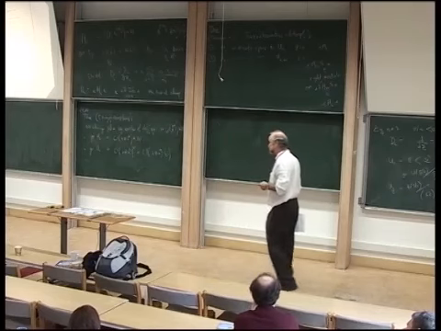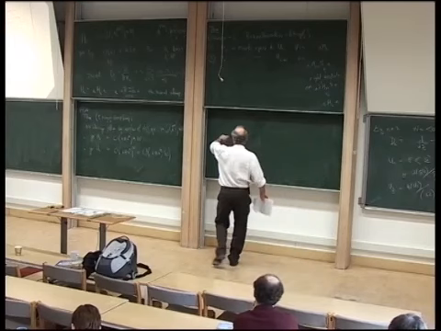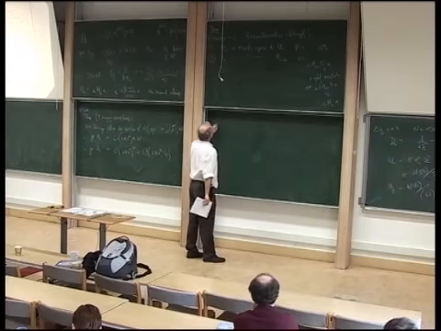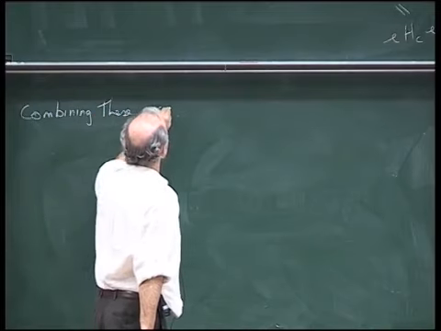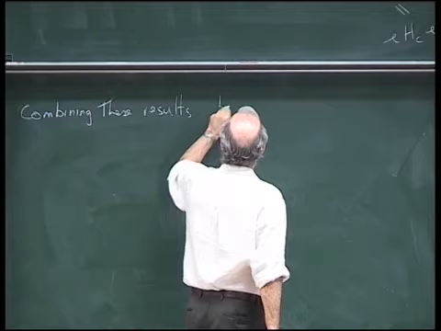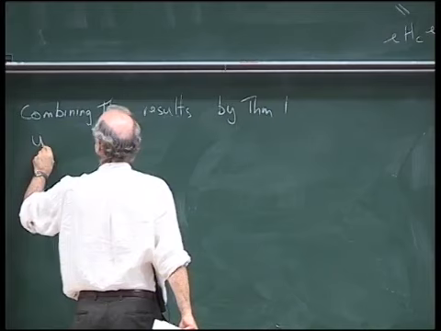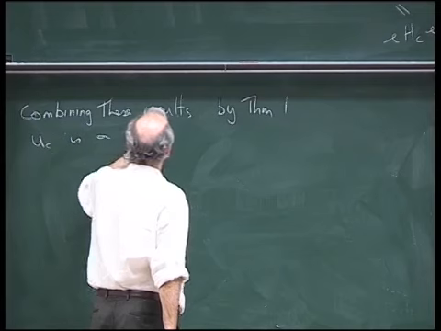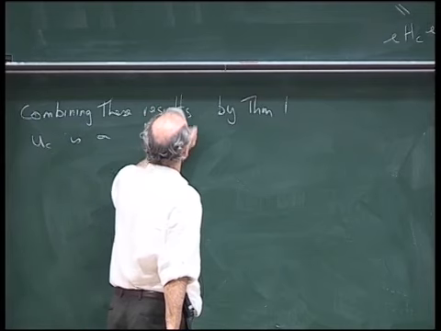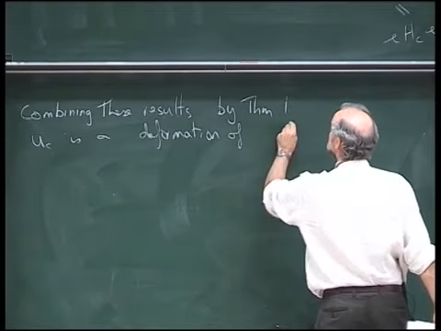And that's where the Hilbert scheme comes in, because we want to think of, combining these results, by theorem 1, UC is a deformation of my quotient space.